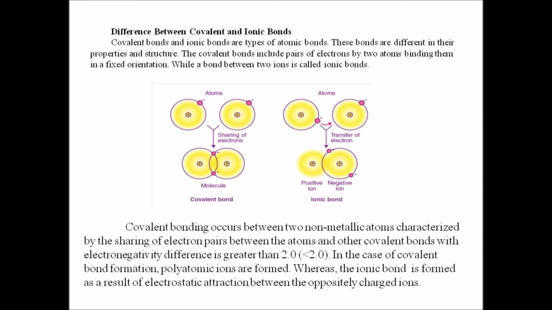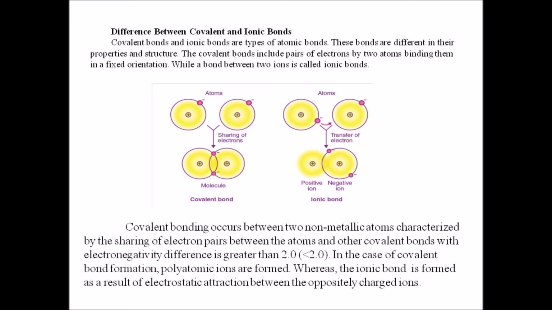Covalent bonding occurs between two non-metallic atoms, characterized by sharing of electron pairs between the atoms, and ionic bonds have an electronegativity difference greater than 2. In covalent bond formation, polyatomic ions are formed, whereas the ionic bond is formed as a result of electrostatic attraction between the oppositely charged ions.